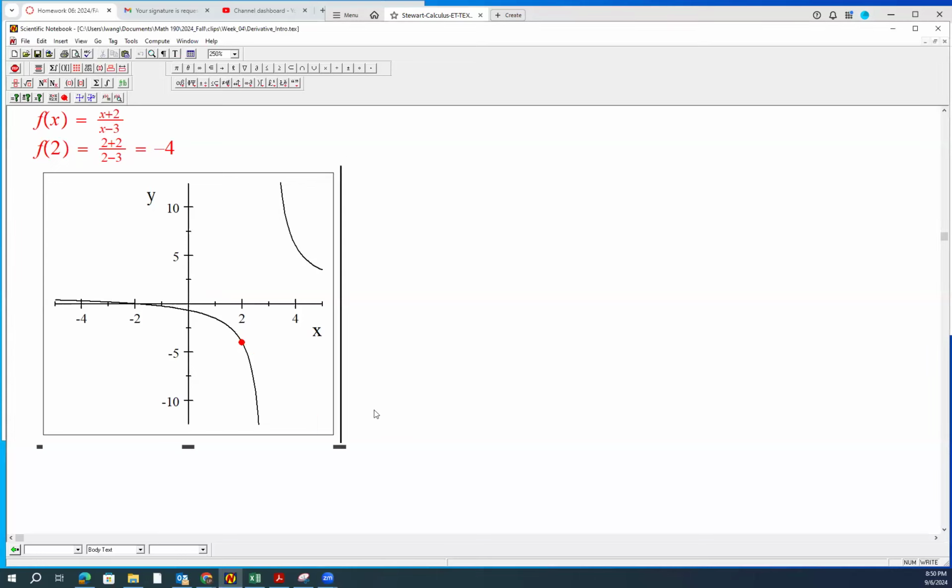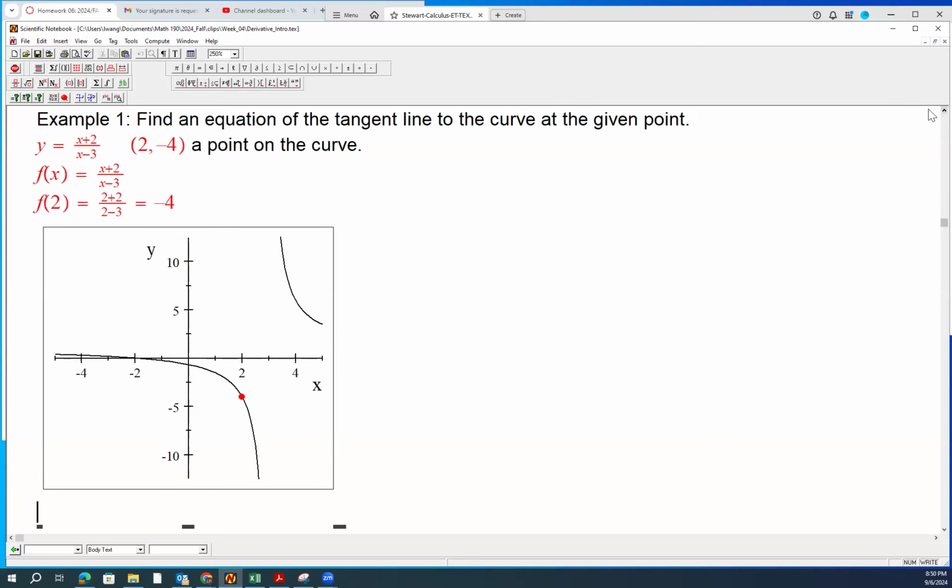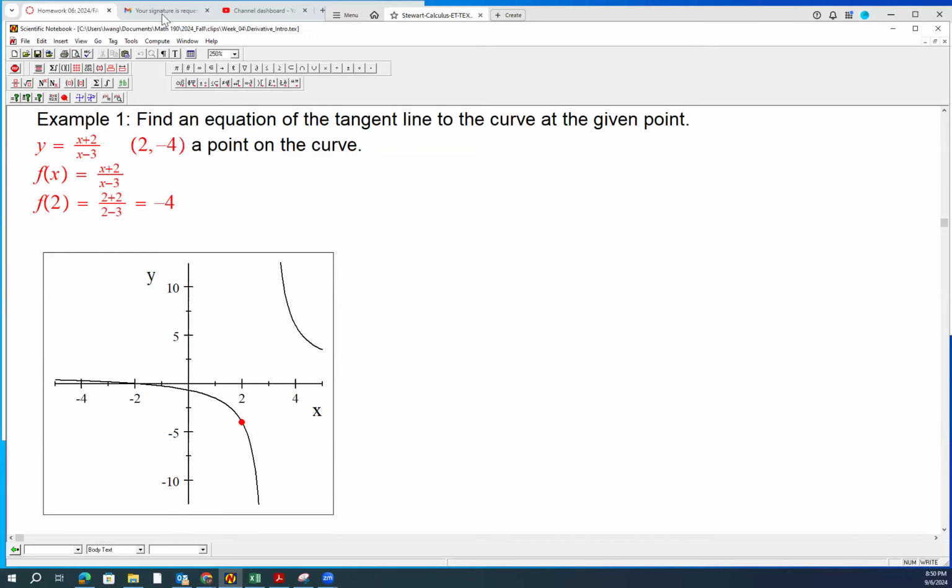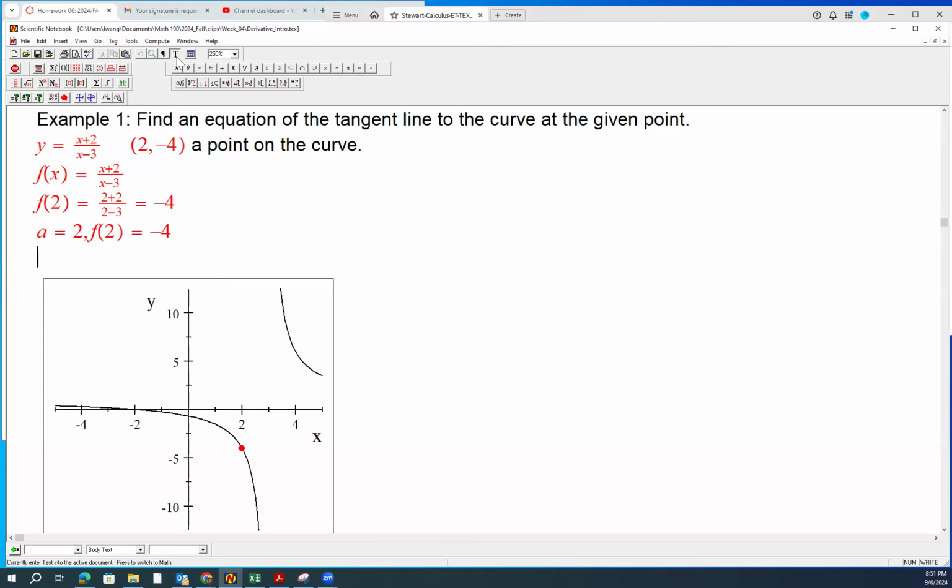So now, of course, first we want to find the slope. And knowing the point, now we have A, right? A is 2, f of A, f of 2 is -4. So we're going to plug in. Now we're going to find the slope.